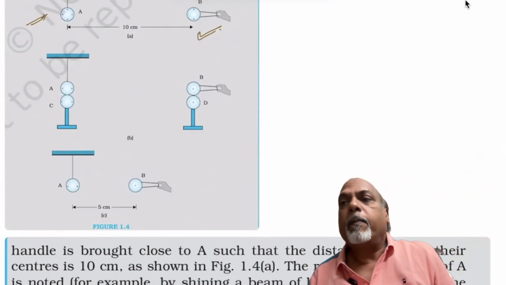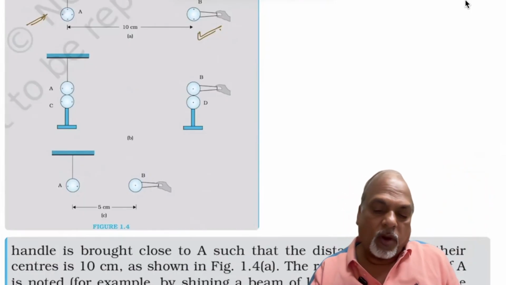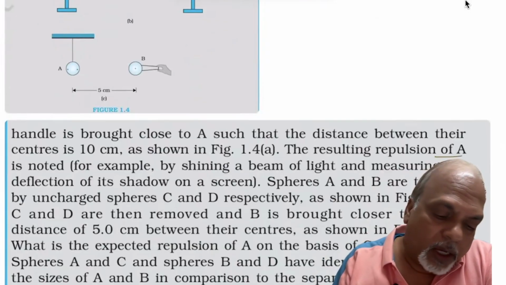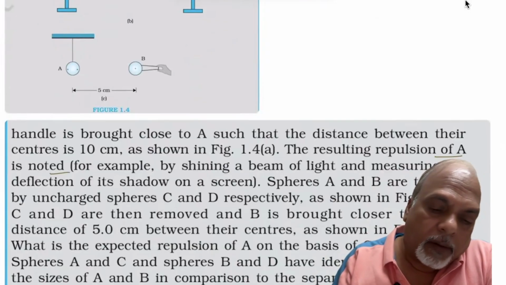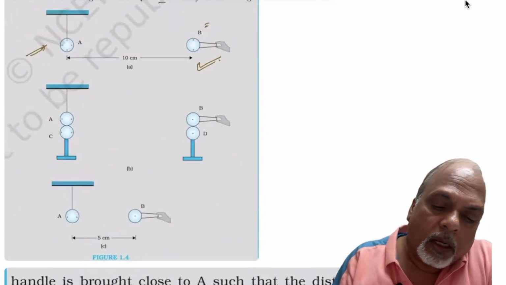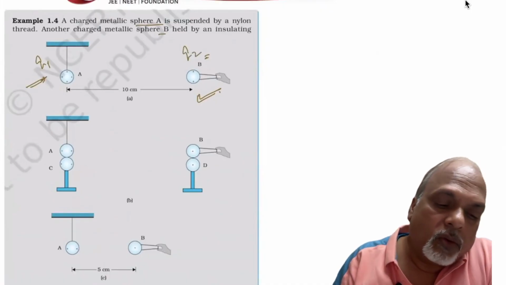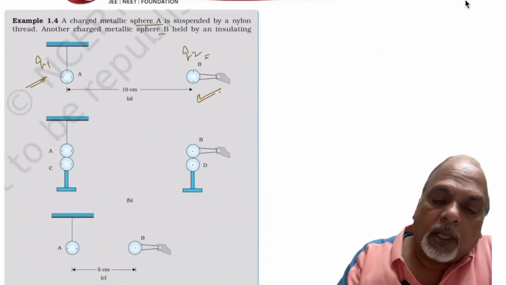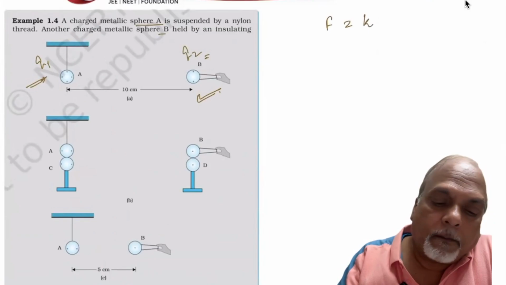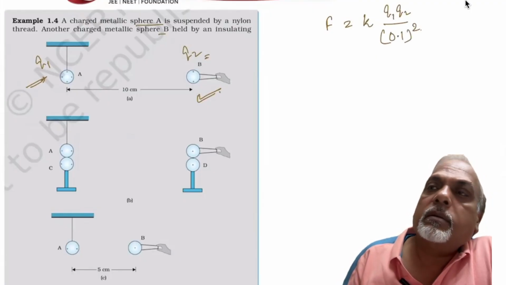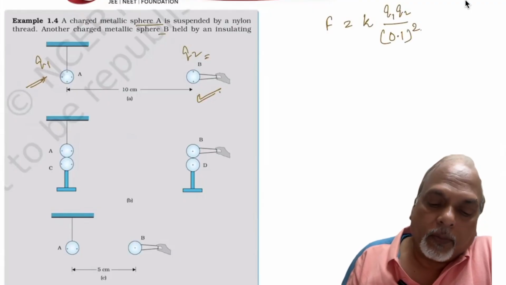Correct. The resulting repulsion of A is noted. So suppose here the charge is Q1, here the charge is Q2. So what will be the repulsion? Repulsion will be K Q1 Q2 upon 10 centimeter, meaning 0.1 square. Correct.